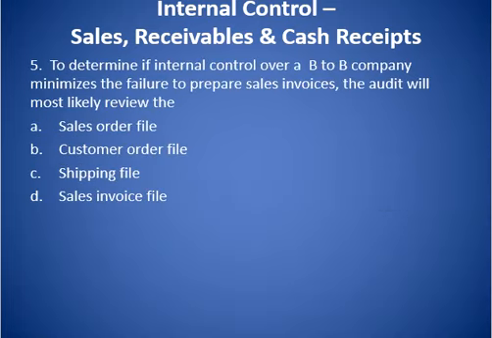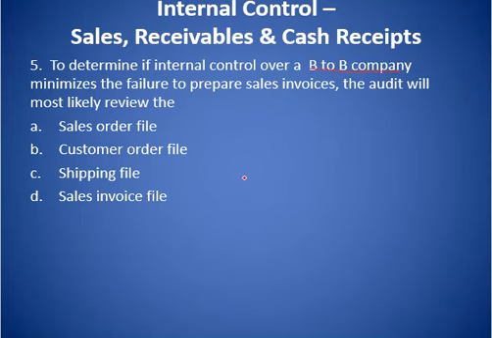Let's try number 5. To determine if internal control over a business-to-business company minimizes a failure to prepare sales invoices, the auditor most likely will review. Now, do not worry about when it says over a B2B company. It doesn't even matter. It's just simply control over a company.